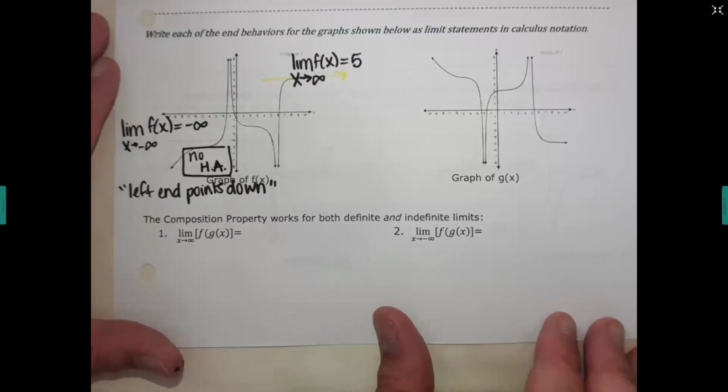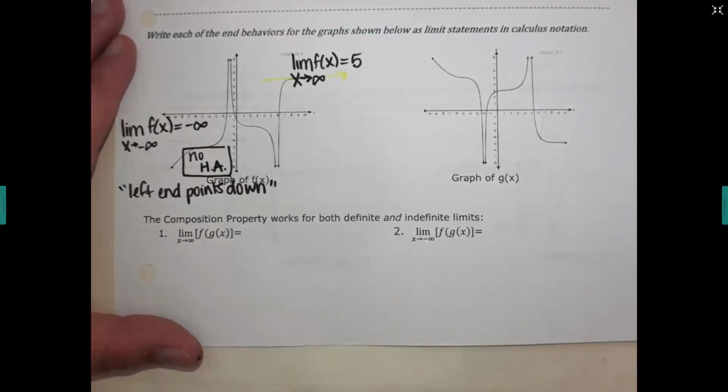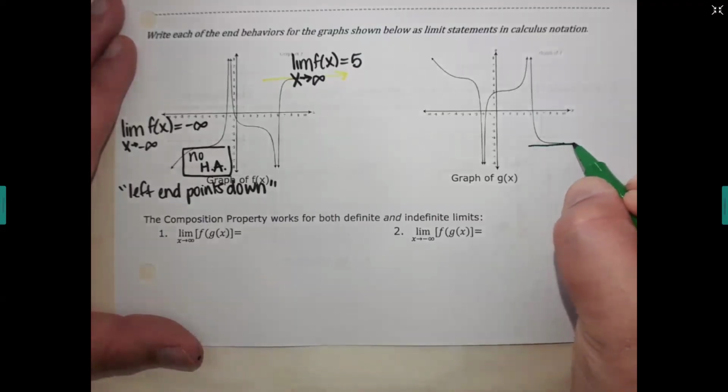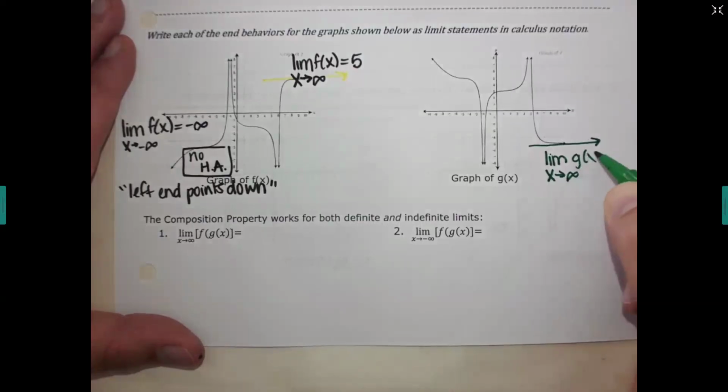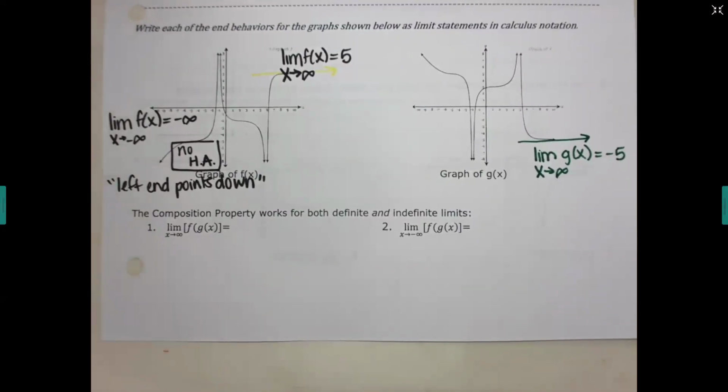Okay, so for my second graph on the right side, do I have a horizontal asymptote or no? Right side. Yes, how low? So your limit should say x approaches infinity, g of x equals -5. For my left side on that same graph, is it curving off towards a particular value?